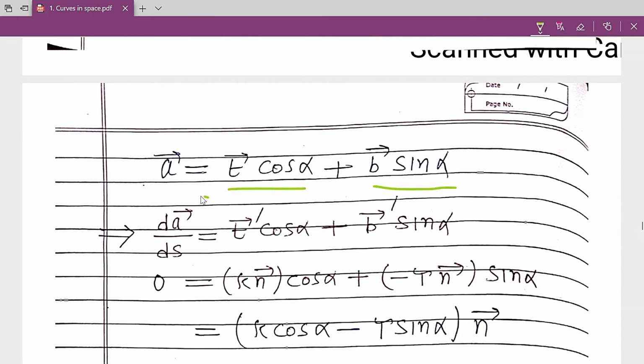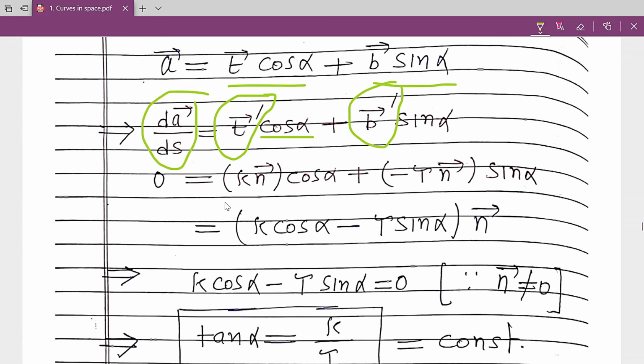Now differentiate with respect to s. The derivative of A is 0, because it is a constant. So we get only T dash for the first term and B dash for the second. Now substitute the value of T dash as kappa N, and B dash as minus tau N. So what do we get?